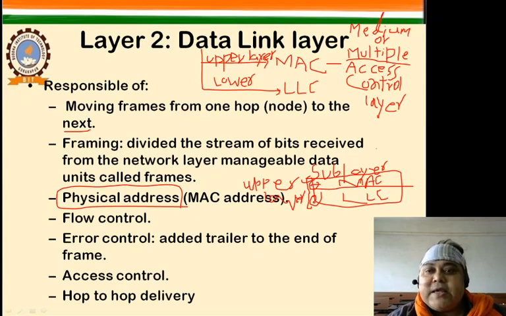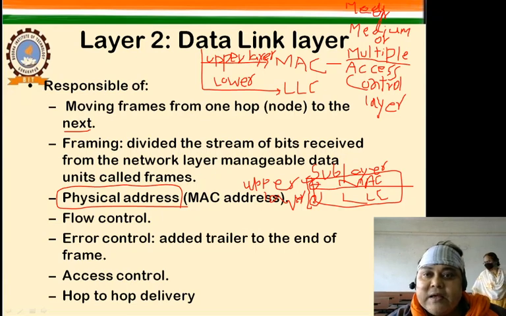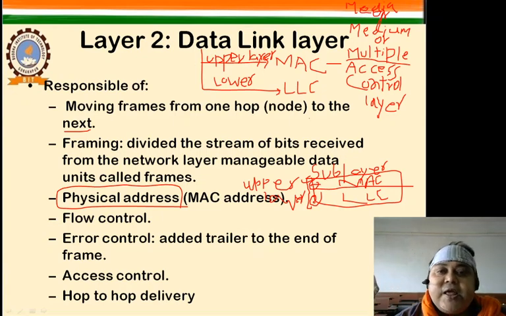Or you can say it has another name also, that name is media access control layer. So these three names represent the MAC layer. So what does the MAC layer do? It handles the physical addressing of the data which is coming from the network layer.